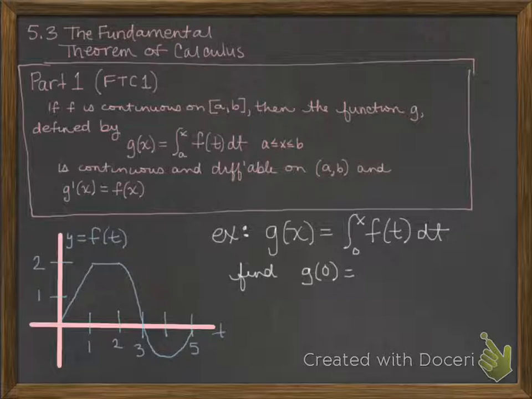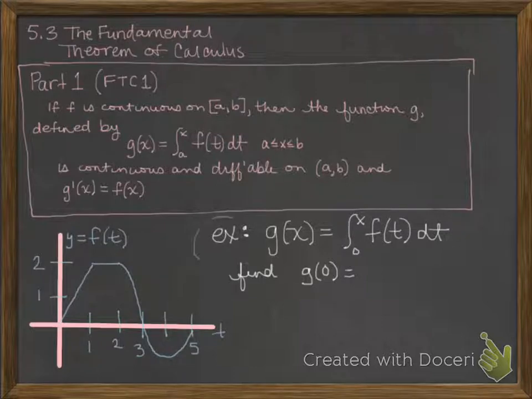Now, what that means, let's think about it in real words. What this really means is that g of x equals the area under the f of t curve from a to x.